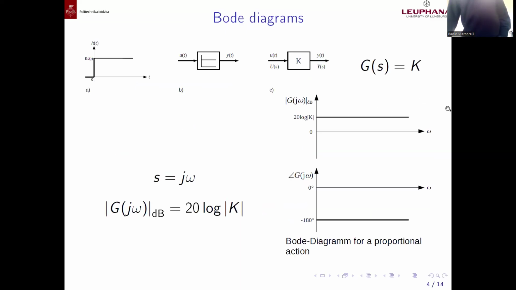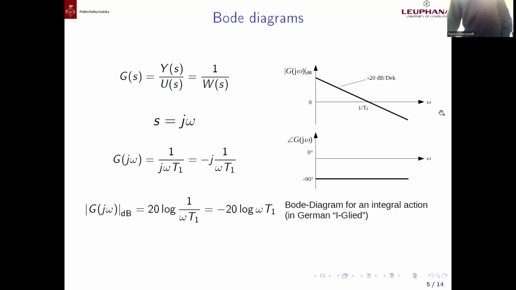Here it was not necessary to clarify anything, even though omega is the same here and here. But here we have to clarify because the magnitude of j omega in decibel, if you look at this expression with respect to omega, is not linear. We can see that it is logarithmic. But why am I representing it in a linear form?